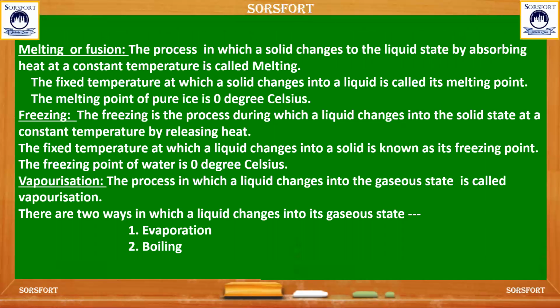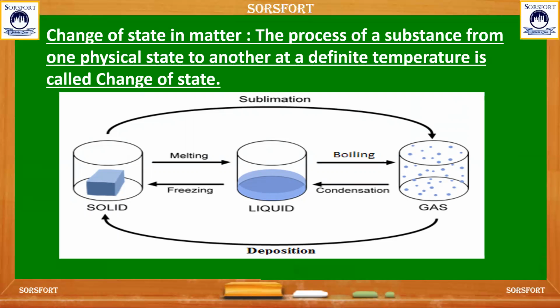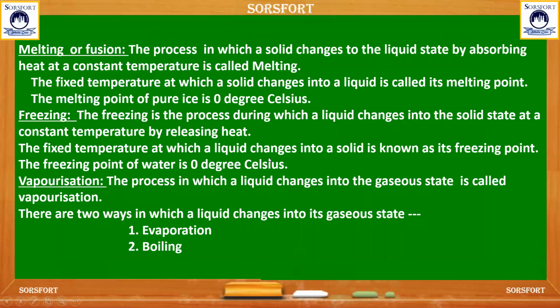The first process is melting, or fusion. When a solid changes to the liquid state by absorbing heat at a constant temperature, it is called melting, and the fixed temperature at which a solid changes into a liquid is called its melting point.